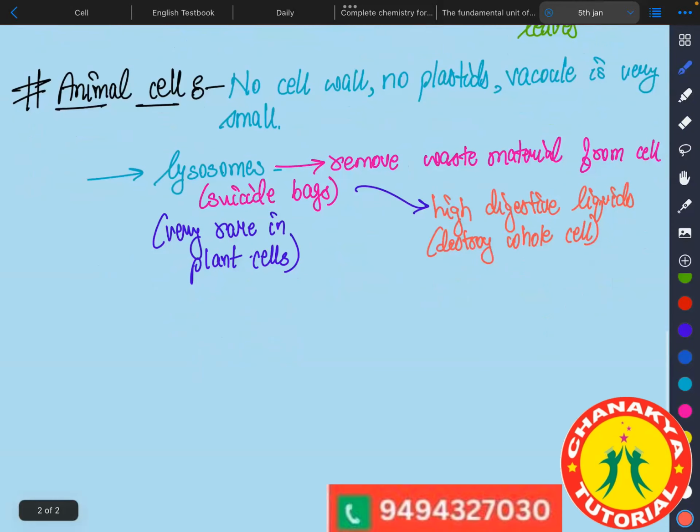Second thing, there is a centriole. The animal cell contains centriole. Anyone know what is centriole? It is a specific type of cell organelle which helps in cell division.